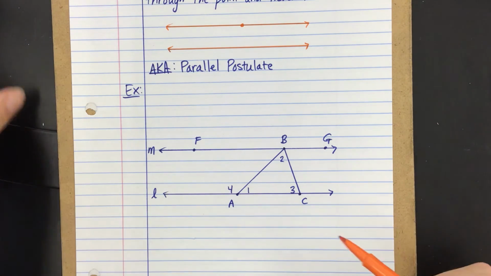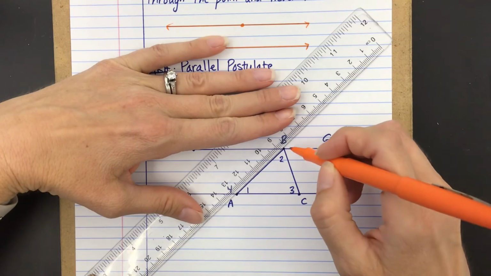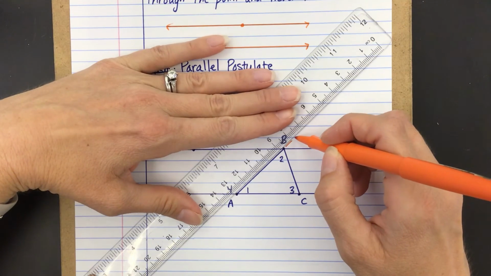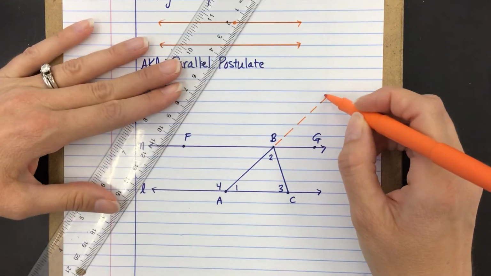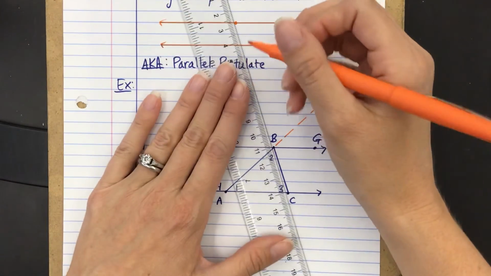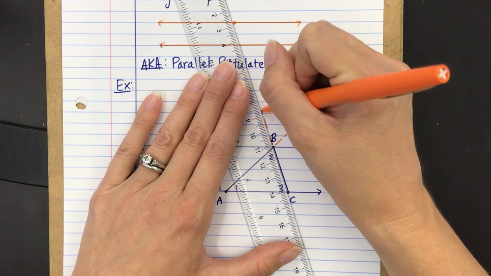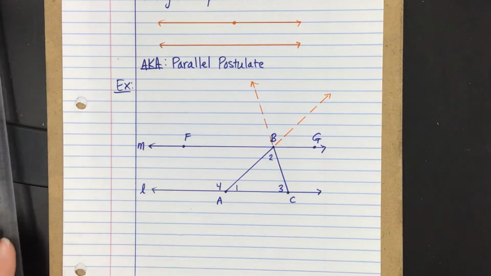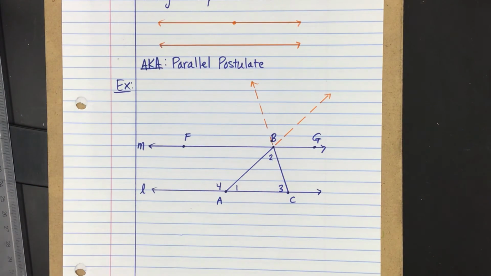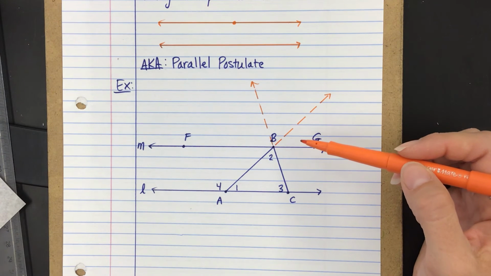So what I'm going to do is I'm going to extend these lines a little bit. Okay, right off the bat, can we identify what angles would be equal to any other angles?